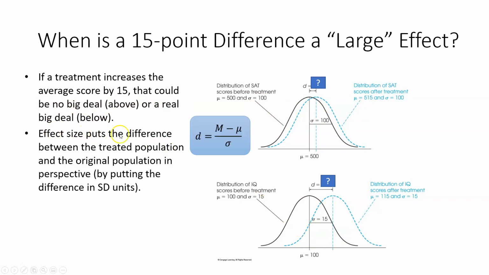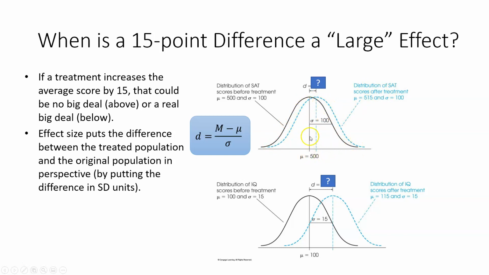The effect size puts the difference between the treated population and the original population in perspective, because it puts it in terms of standard deviation units. By dividing it by the standard deviation, it puts it in those terms. So in the first example, we have SAT scores before treatment and a distribution of SAT scores after treatment.